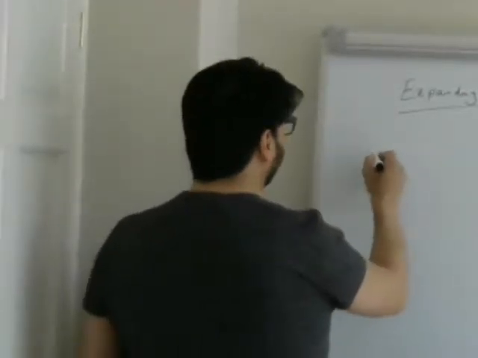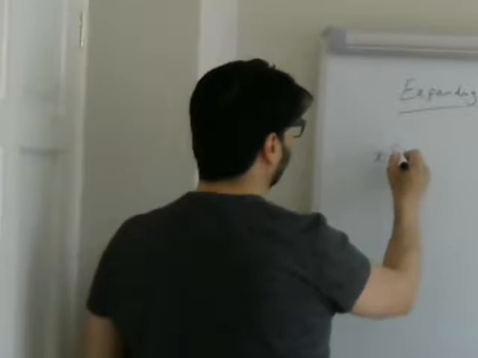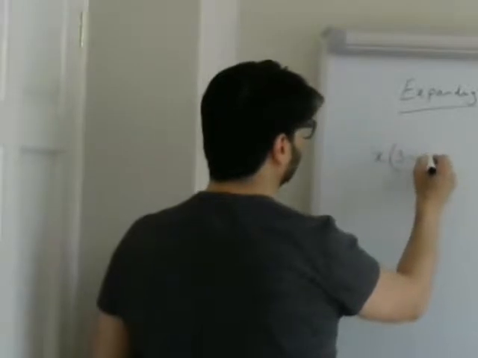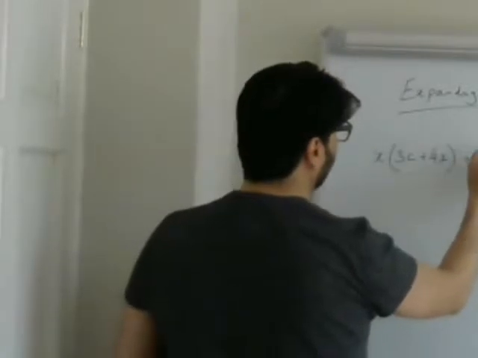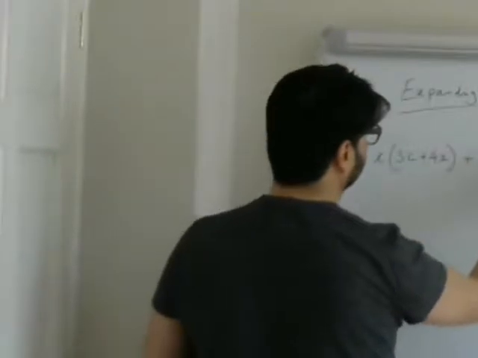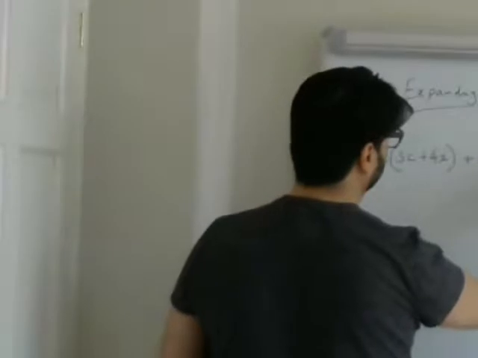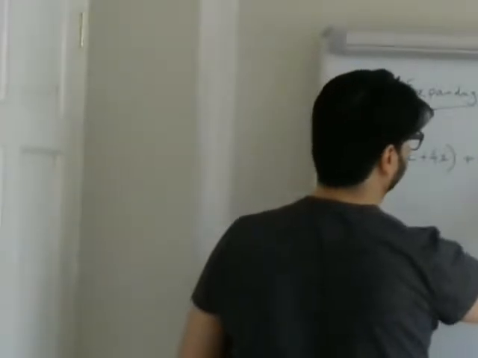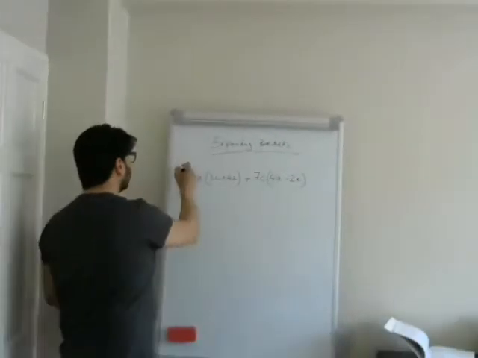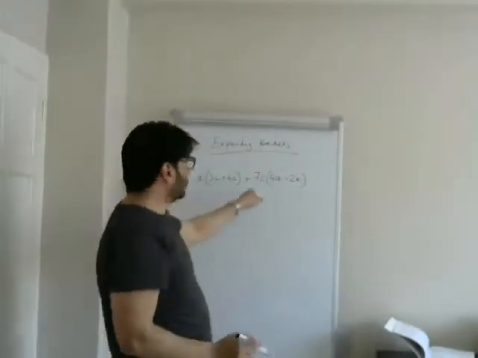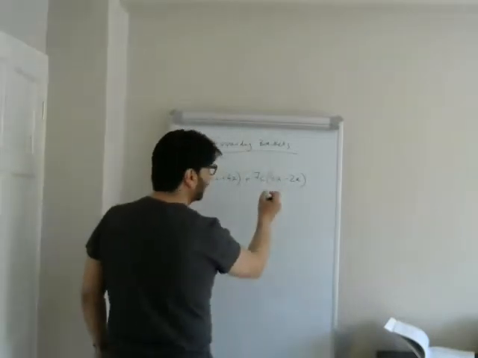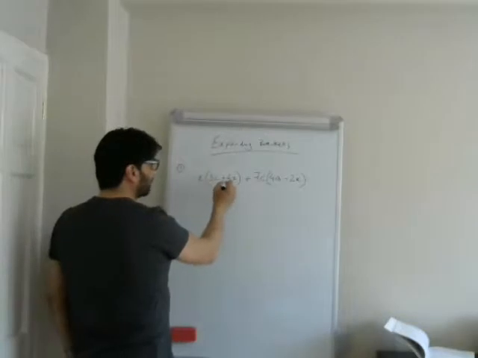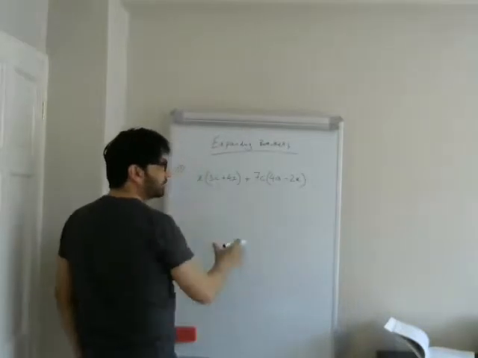Say x plus 3c plus 4x plus 7c. Okay. Now there's one example here. Now in order to simplify this algebraic expression, we see that the brackets are in play, so we need to get rid of the brackets in order to form an expression.